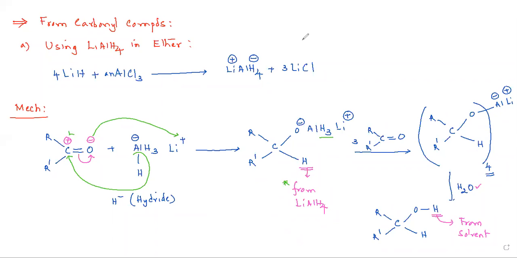So you get 2 hydrogens. The first one is from lithium aluminum hydride, the one that gets connected to carbon. And the second one is from the solvent, and this one gets connected to oxygen. This is a mechanism with lithium aluminum hydride, which of course is a very good reagent.